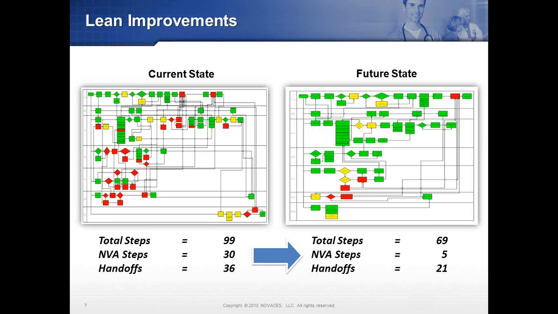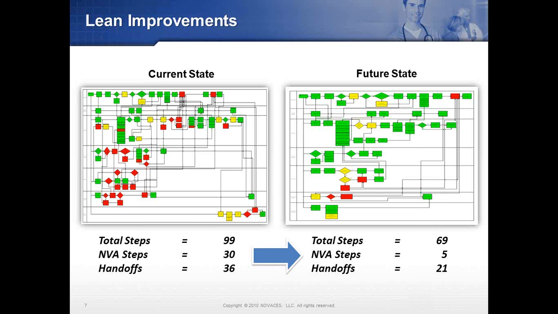So the red that you see on the map on the right had to do with not having a fully implemented computerized physician order entry system. That has since been done, but this VSA was done a good while ago. And handoffs. Handoffs are something that in healthcare are critical, especially when you talk about medication reconciliation.